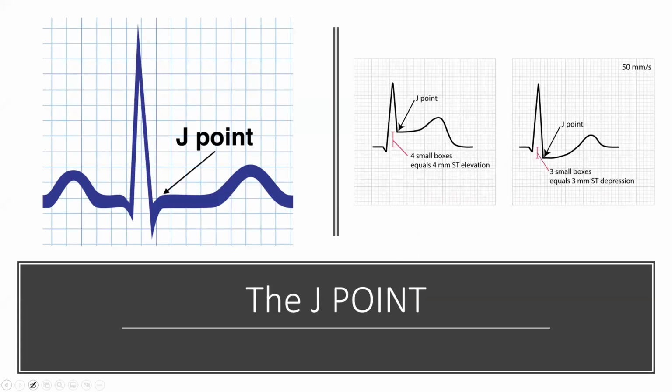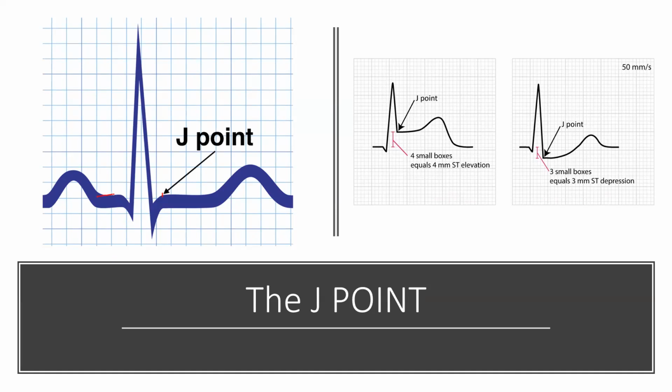The J point is the beginning of the ST segment right over here. Okay? Now, why is this very important? This is very important because this actually determines whether the ST segment is elevated or depressed. The rule here, again, is that the J point must be located at the same plane as the baseline.